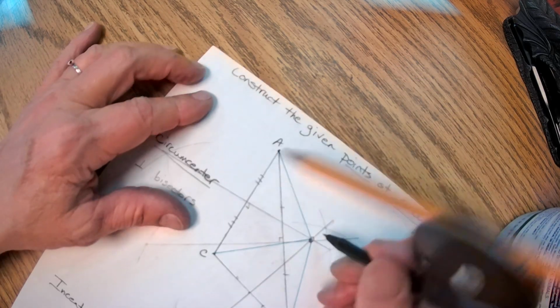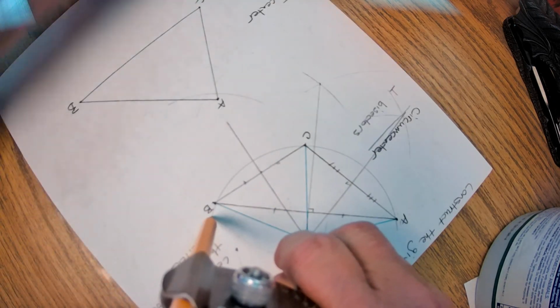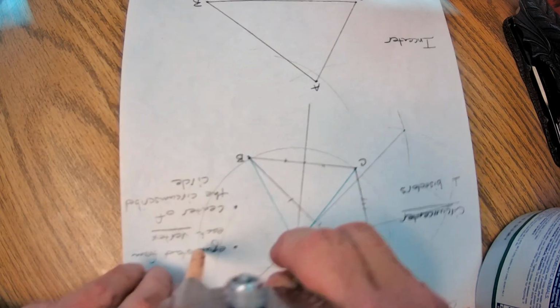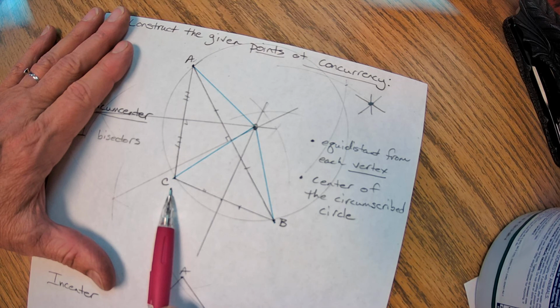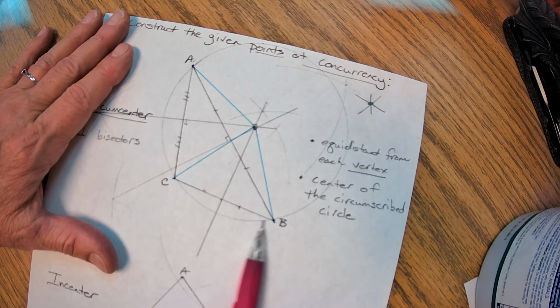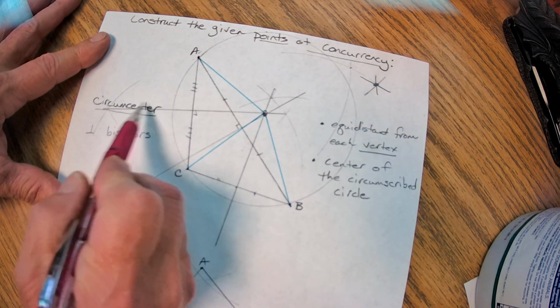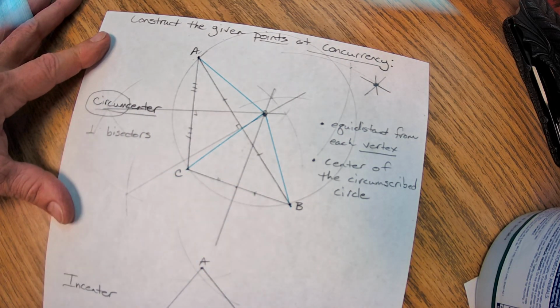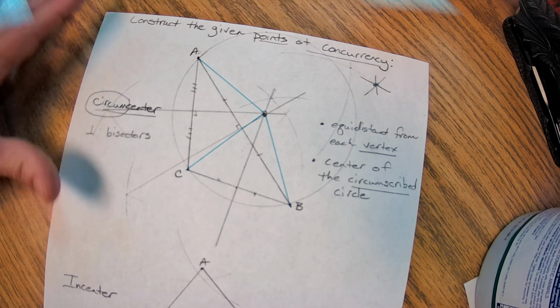That distance becomes the radius of the circle that I would have to make to circumscribe around that triangle. In other words, the circle goes around the outside. It's circumscribed around that triangle. That's the circumscribed circle.